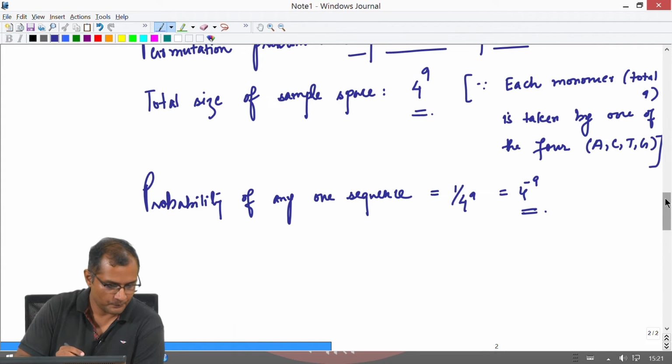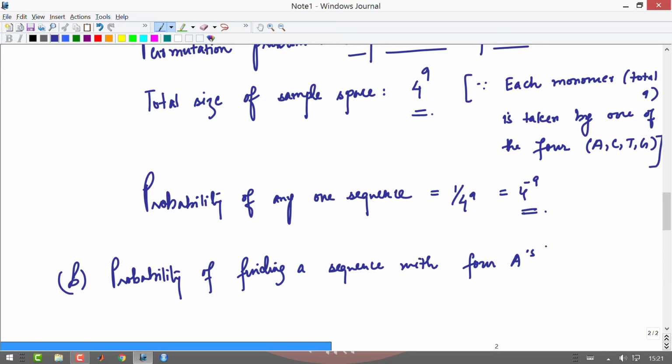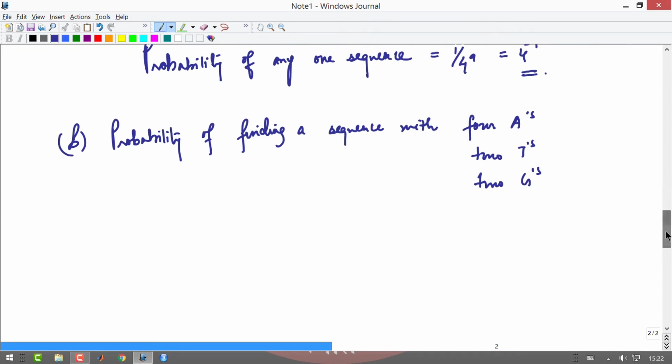The second question is, what is the probability that you will find a sequence with four A's, 2 T's, 2 G's, 1 C, okay.